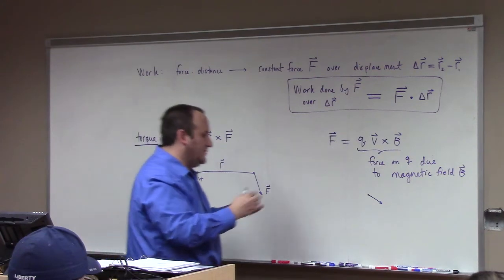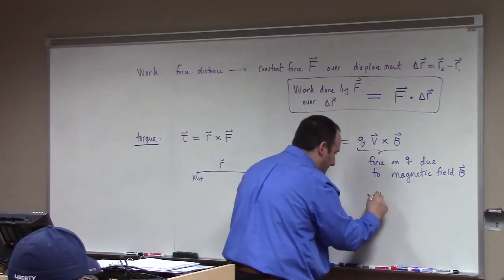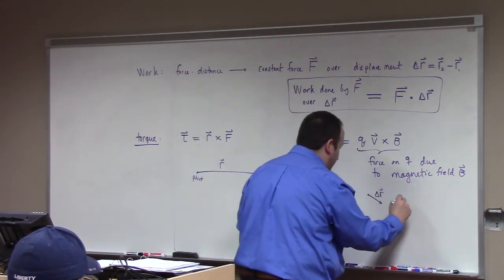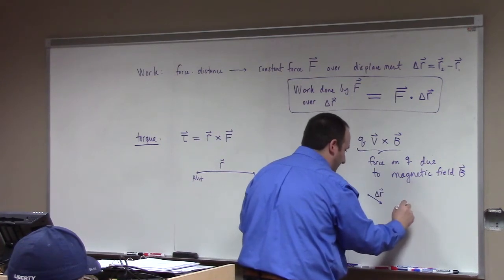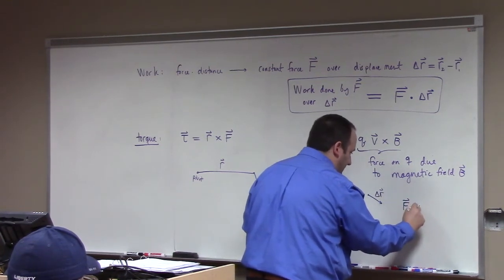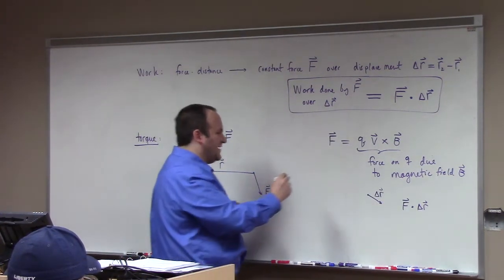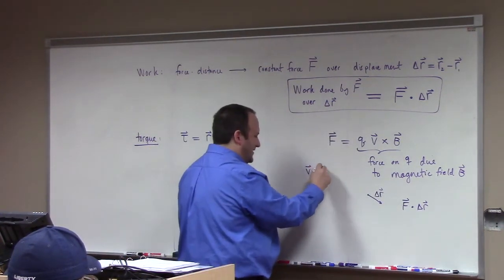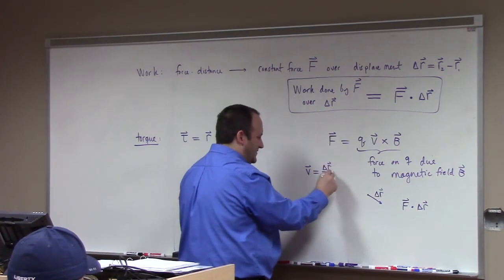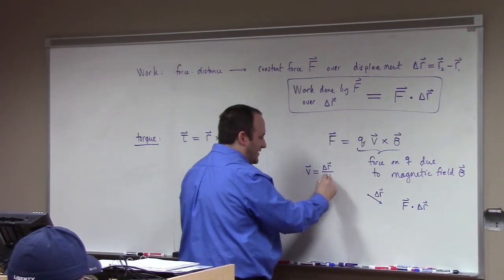If you look at the magnetic force dotted with delta R, what's it going to be? What will the velocity be over a very short increment of time? To a good approximation, it's the average velocity.